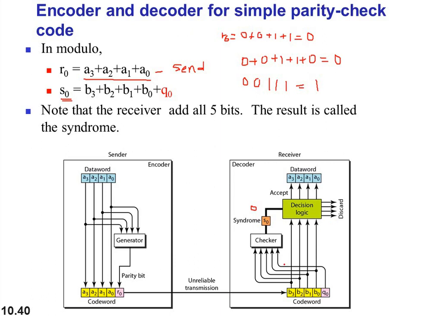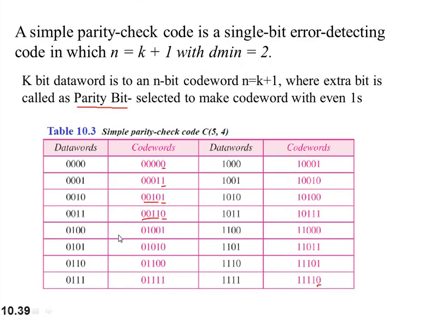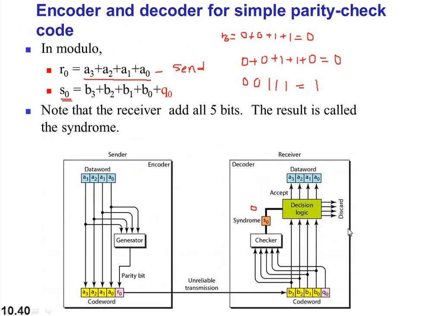You can check the valid code words: 00111 is not among them, so the syndrome is 1, hence the code is discarded. This is how the encoder and decoder for a simple parity bit work.